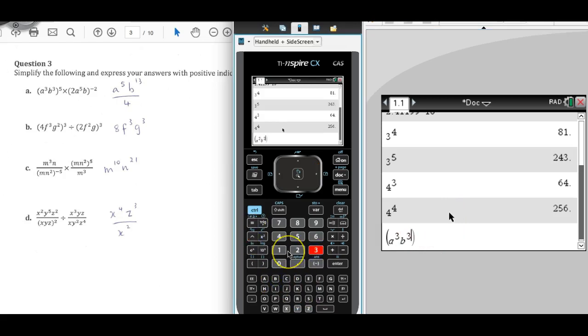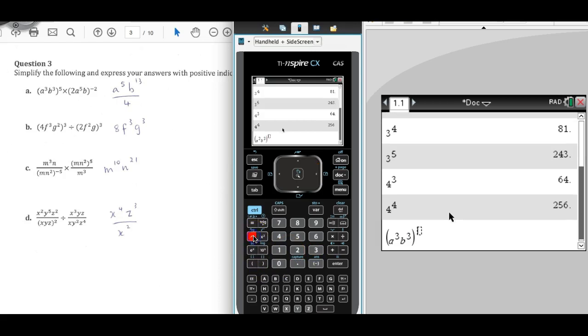It does seem to take a bit longer to type it in, but I'm typing it on a calculator. Okay, times 2a to the power of 5. Let's go down, b to the power, oh, no power, and then that bracket to the power of -2.